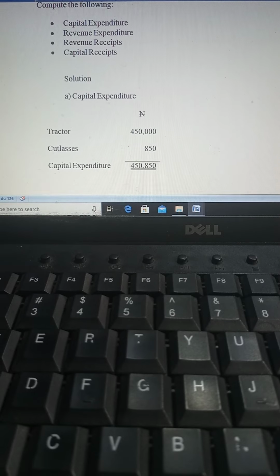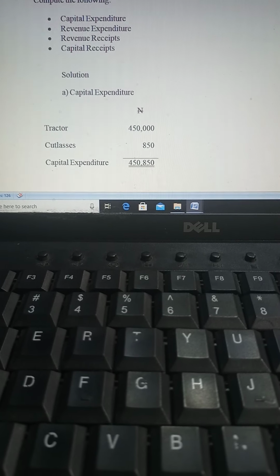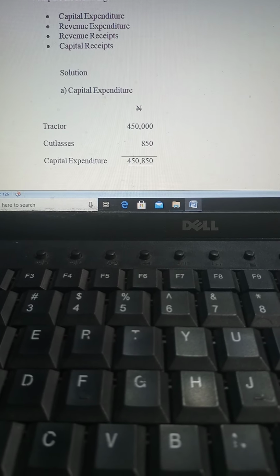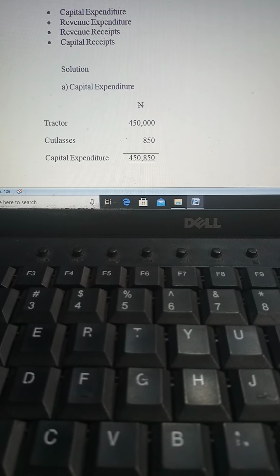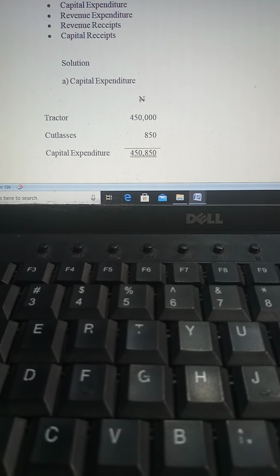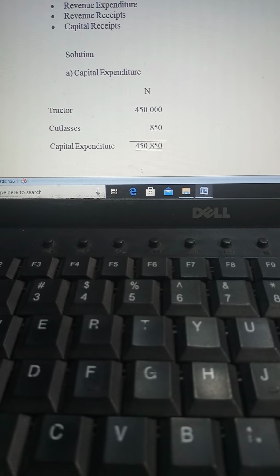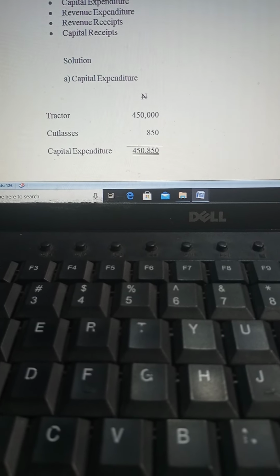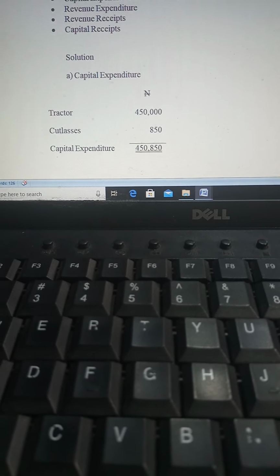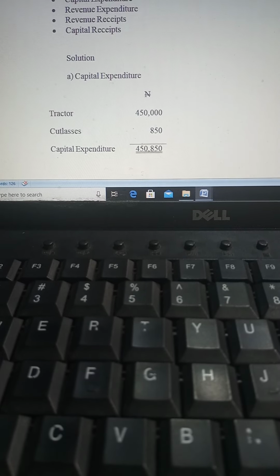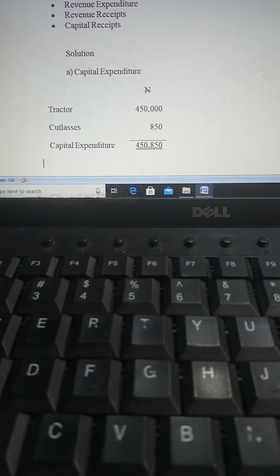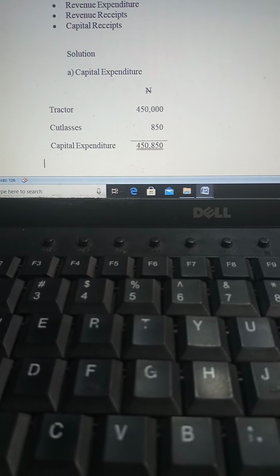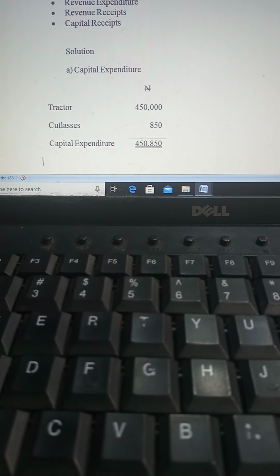That's the cost of the two cutlasses. If you check the question very well, the cost of the two cutlasses is 850 naira. Some people make mistakes. They thought each cutlass cost 850. No. The total cost of the two cutlasses is 850 naira.